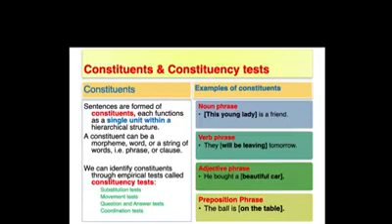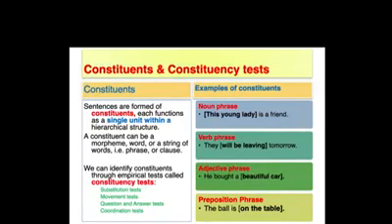So "on the table" is a preposition phrase, and it is a constituent. Now, in the next slide, we are going to have a look at how we know that a string of words formulates a constituent.